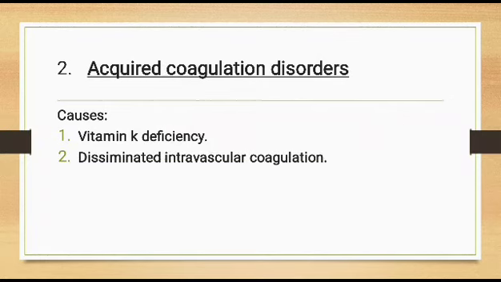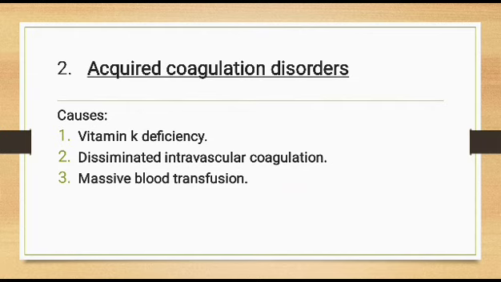Disseminated intravascular coagulopathy or coagulation. Massive blood transfusion, because there is dilution of coagulation factors in the blood. You are giving stored blood. This stored blood is deficient in coagulation factors because of their shorter half-life.